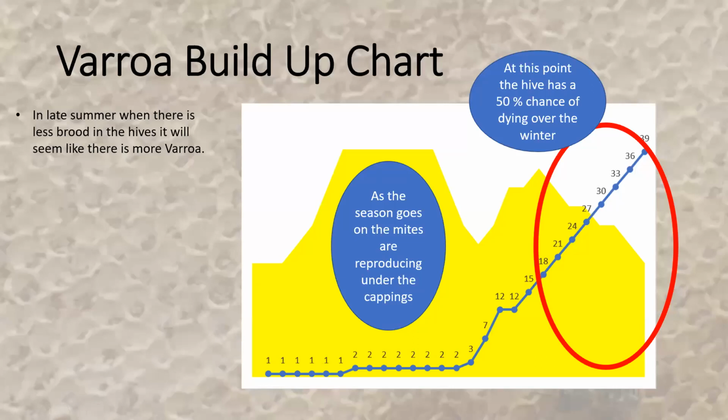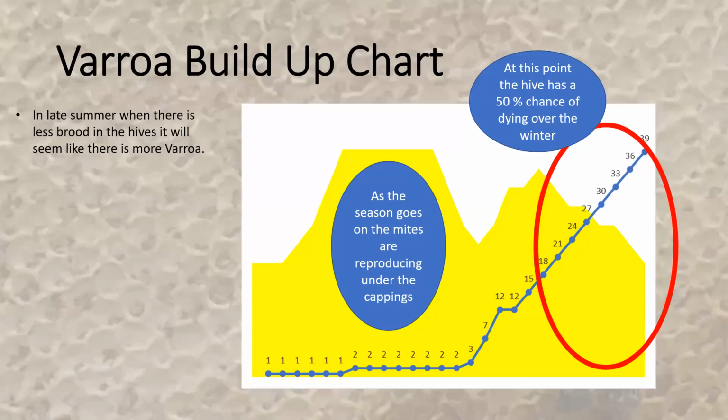That makes the ratio of varroa mites per adult bees a little more emphasized, in the sense that there are more varroa mites that can't find brood to parasitize, so you're finding more in your alcohol wash.